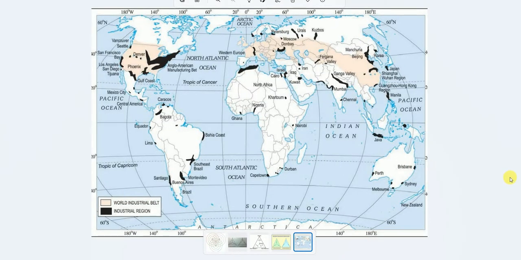Just examine this map very carefully. I think you may be seeing black spots, black dots. This represents the location of industrial regions, industrial clusters.